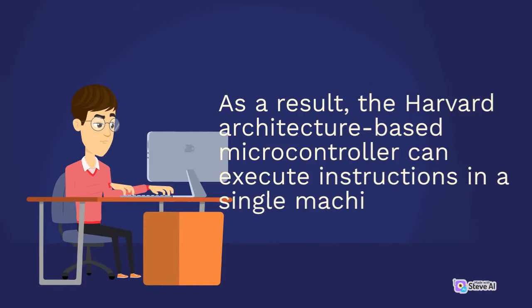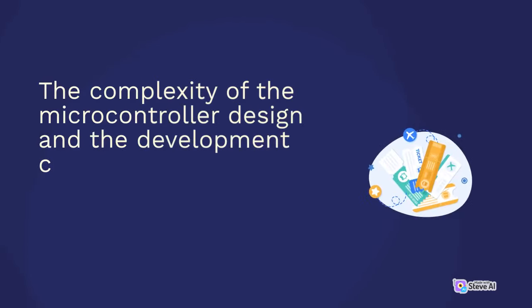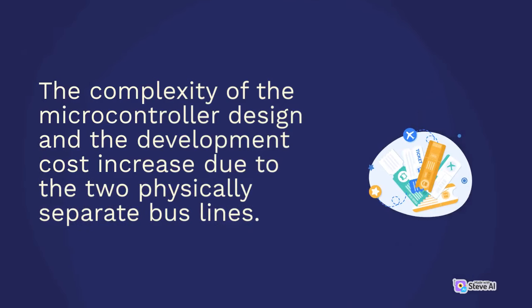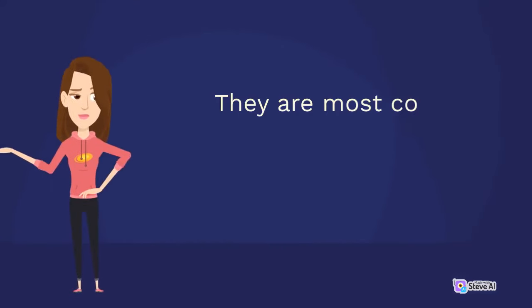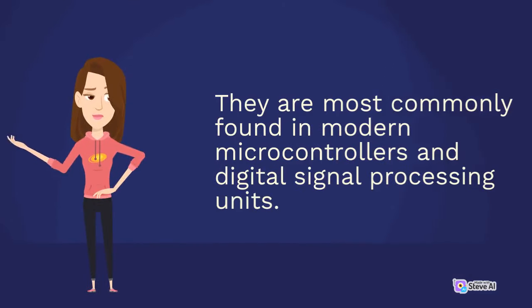As a result, the Harvard architecture-based microcontroller can execute instructions in a single machine cycle. The complexity of the microcontroller design and the development cost increased due to the two physically separate bus lines. They are most commonly found in modern microcontrollers and digital signal processing units.